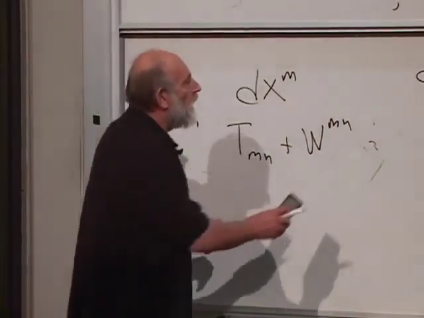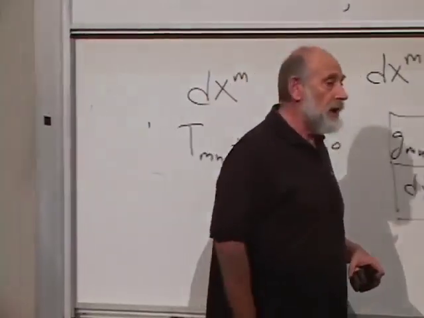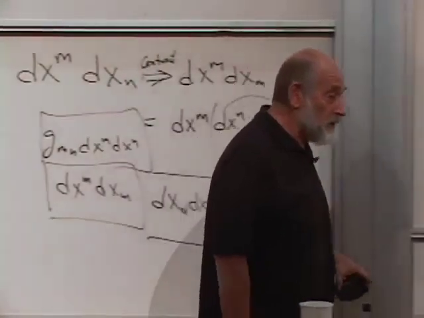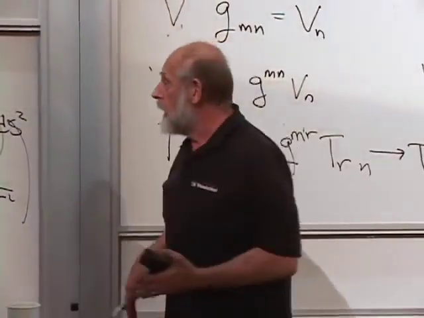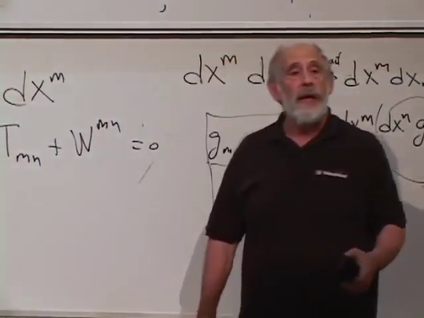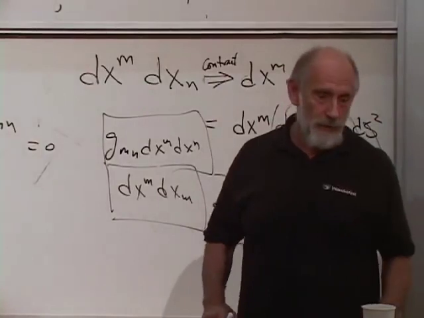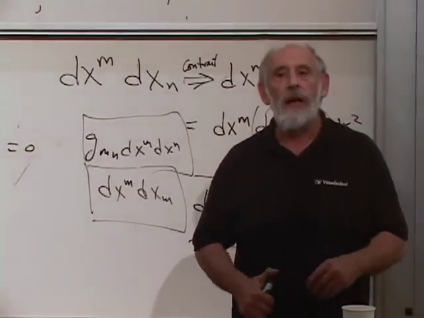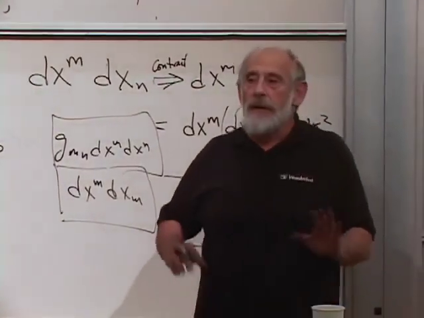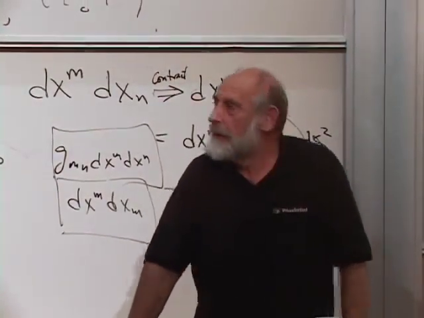For example, if this happened to be 0 in one set of coordinates, it might not be 0 in another set of coordinates, because the T's with the lower indices don't transform the same way. If a tensor is 0, if its components are all 0 in one coordinate system, they're 0 in all coordinate systems. Why is that?